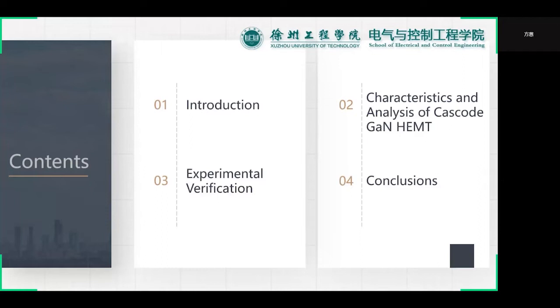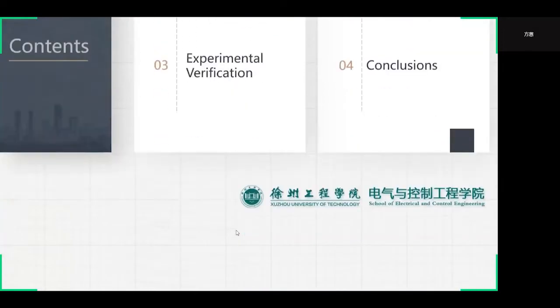In the second part, I will show you the characteristics and analysis of Cascode gallium nitride HEMT, and the advantages of this device are explained theoretically. And in the third part, the experimental verification is accomplished. At last, the conclusion is given, with theoretical analysis and test results. So let's start.